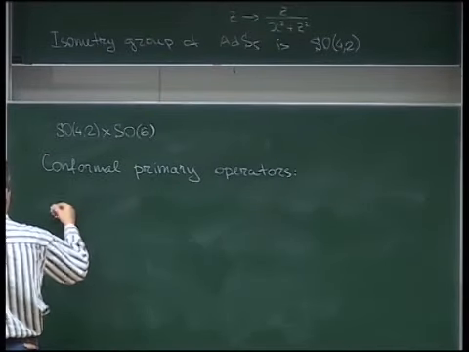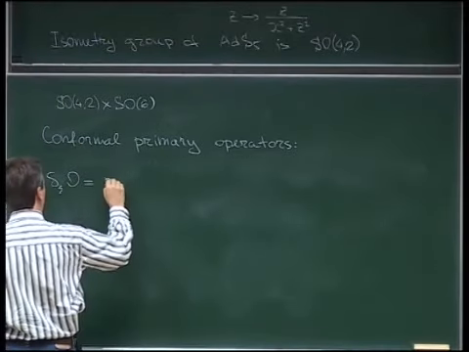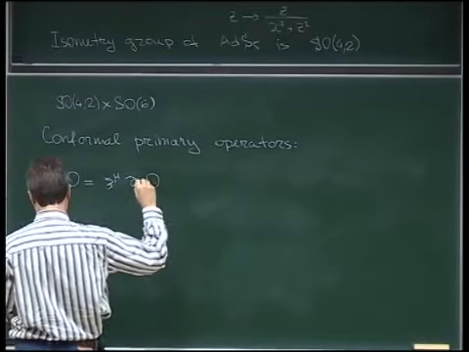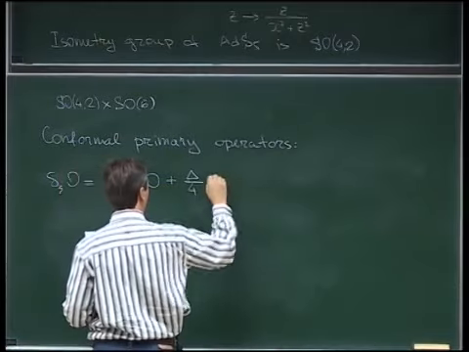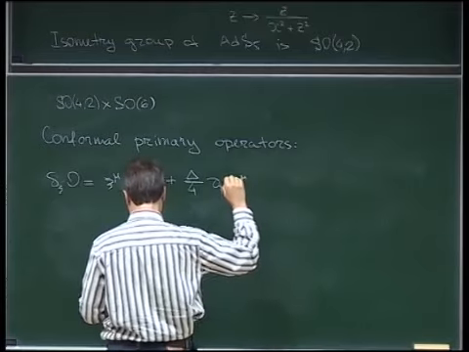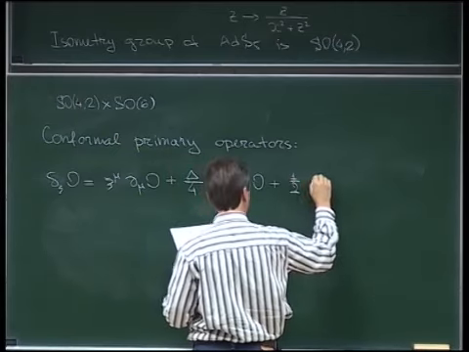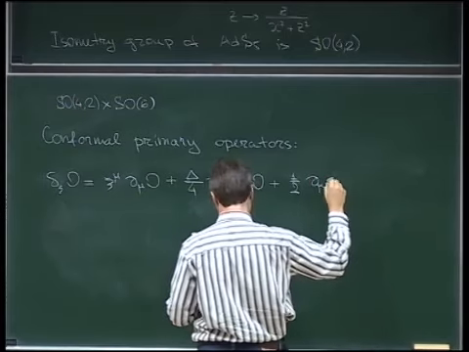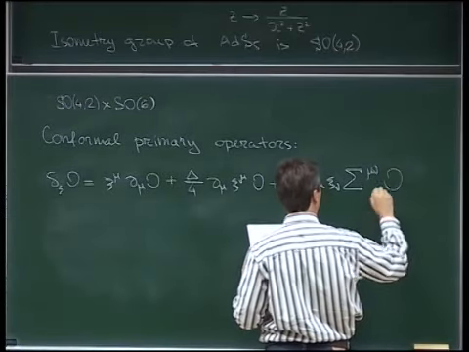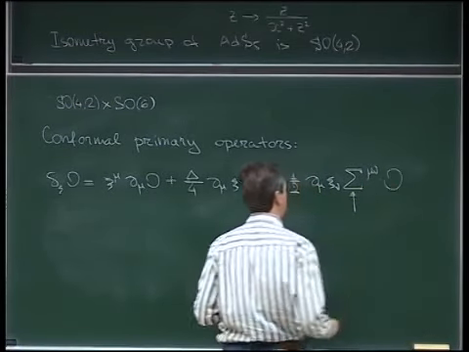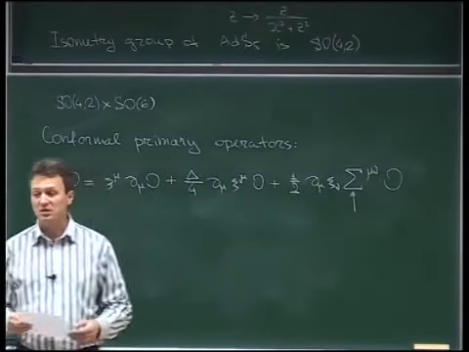Which transform like that: delta psi of O. The operator can also have Lorentz indices, so it can be a spinor or a tensor.